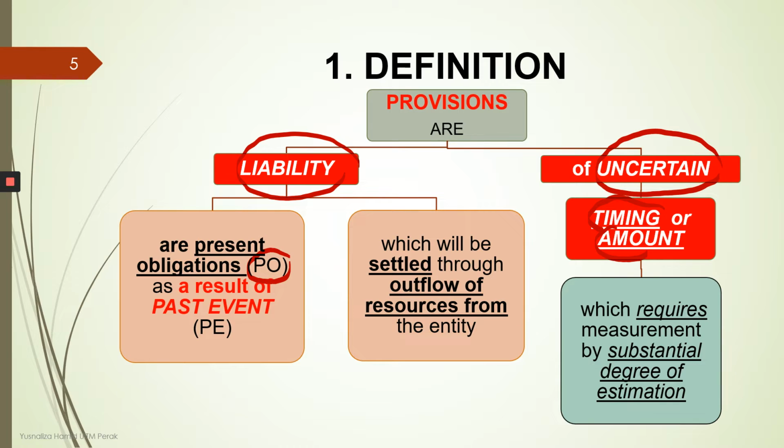Assuming we are the reporting entity, it will involve outflow of resources. However, when we talk about provision, those liabilities will involve some element of uncertainty, which involves some degree of estimation in terms of the timing, as well as the amount.